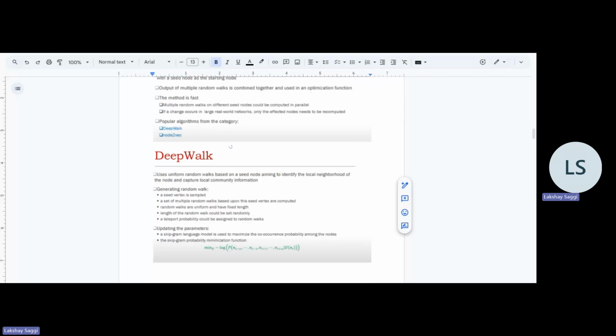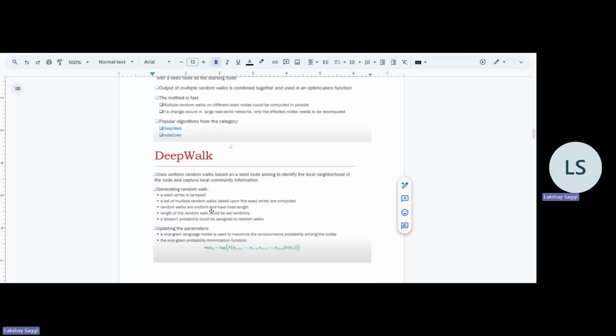DeepWalk uses uniform random walks based on a seed node, aiming to identify the local neighborhood of the node and capture local community information. Here you just do a uniform random walk, which we already know, where you move to any neighbor uniformly randomly from a node. How is this random walk generated? A seed vertex, the starting vertex, is sampled, and then a set of multiple random walks based upon the seed vertex are computed.